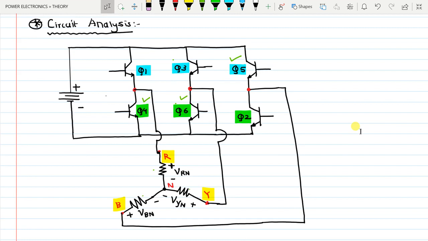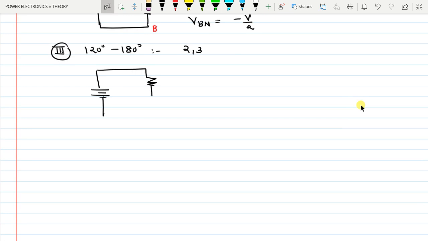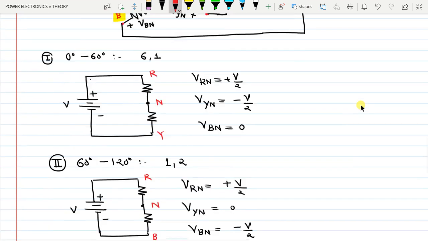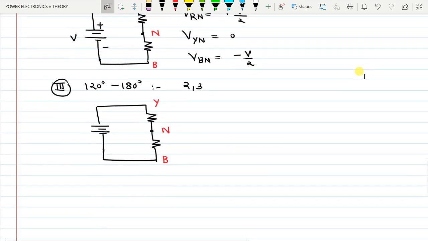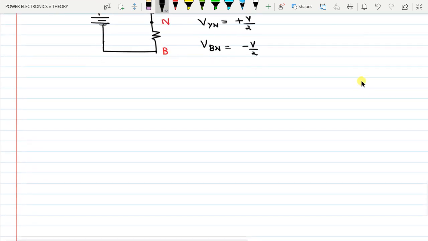Y is connected to plus V and B gets connected to minus V. So VRN is 0, VYN is plus V by 2, VBN is minus V by 2.